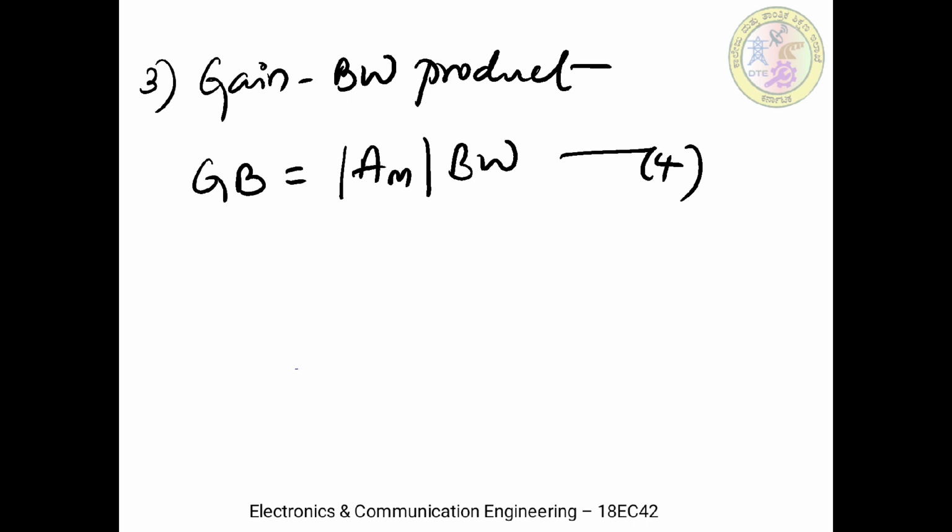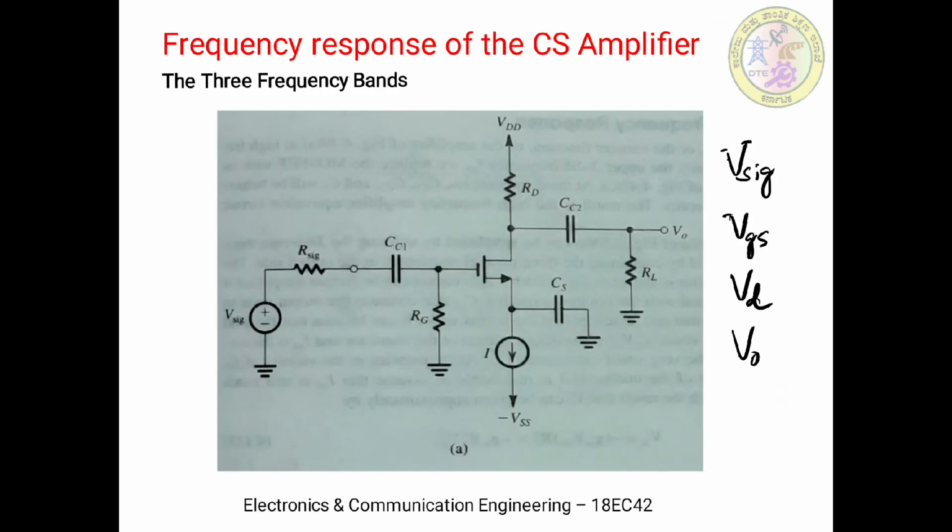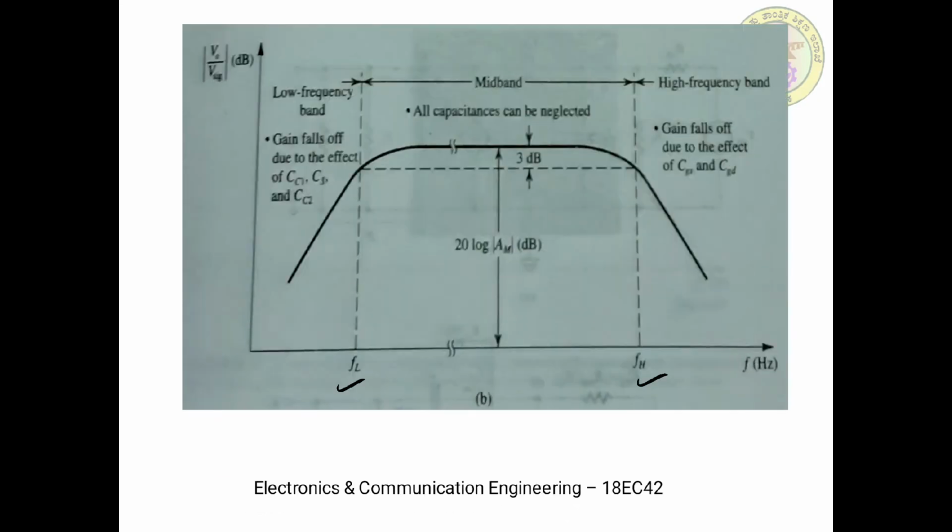So this is an introductory session to understand the frequency response of the common source amplifier. Here we have simply introduced the frequency response for the common source amplifier, and an attempt is made to show how the gain is going to fall off at the lower as well as higher frequencies because of these various capacitances.